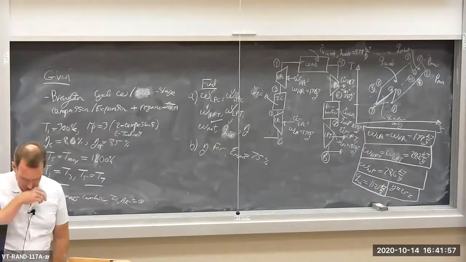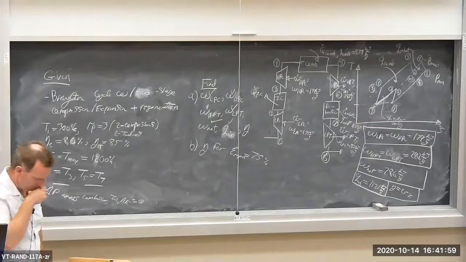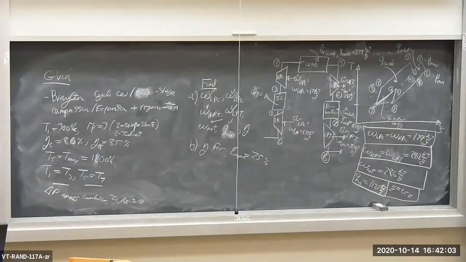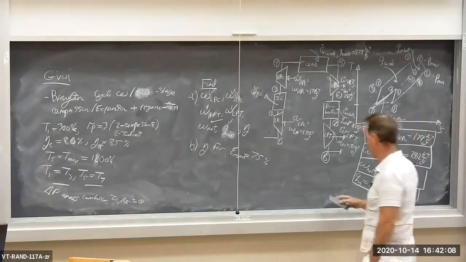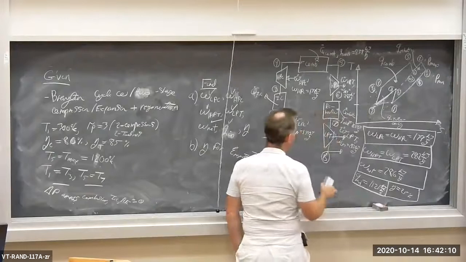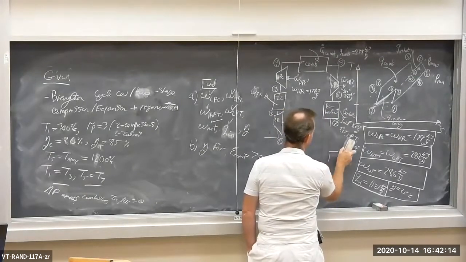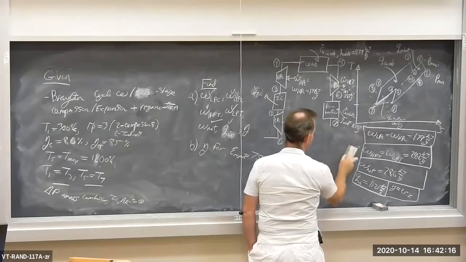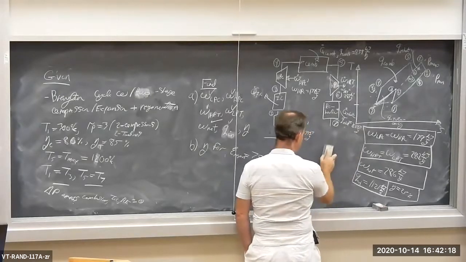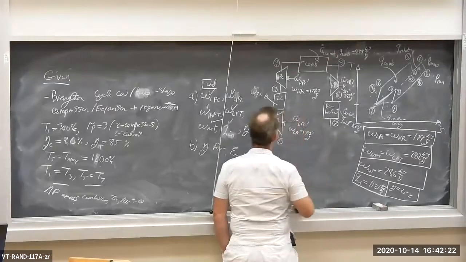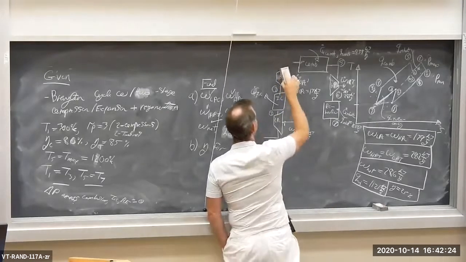Let's say, and this is going to get very crowded. How am I going to do this? Let me take the LPT here. We know all these numbers.